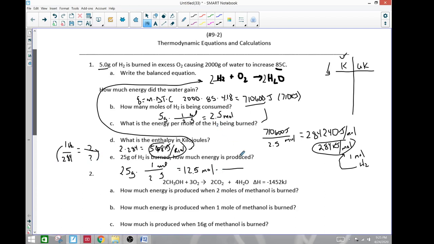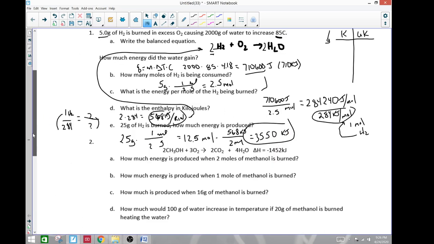I'll use the delta H we just got. 2 moles gives me 568 kilojoules. Now again, I could have used 1 to 284, it's the same ratio. And then that guy times 568 divided by 2 equals 3,550. So 3,550 kilojoules of energy. And that is that answer.